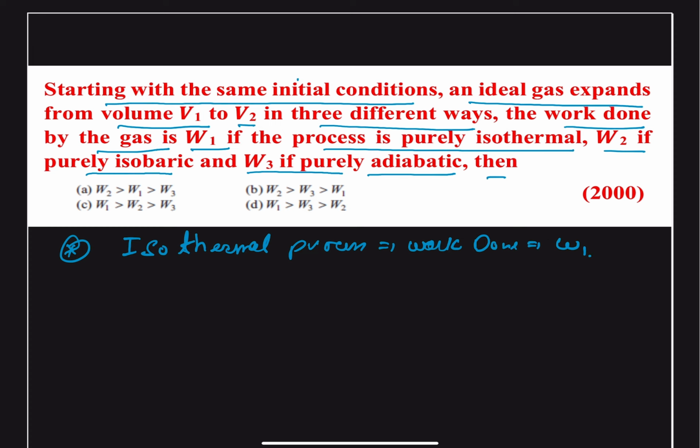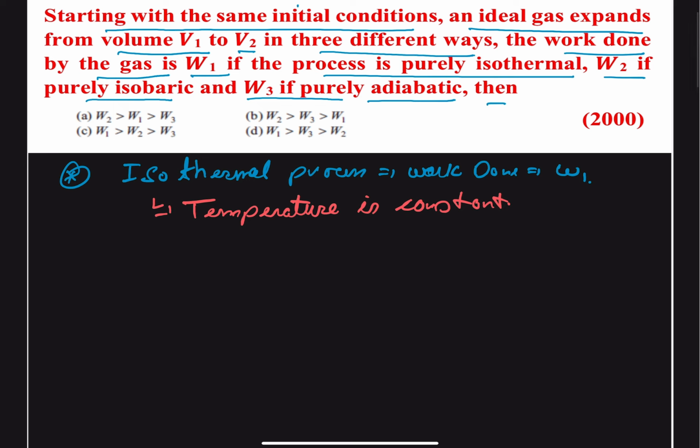So isothermal means the temperature is going to remain constant. So here temperature is constant. And for ideal gas, we can say the internal energy does not change.